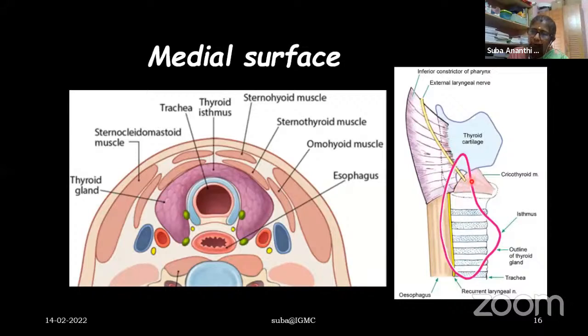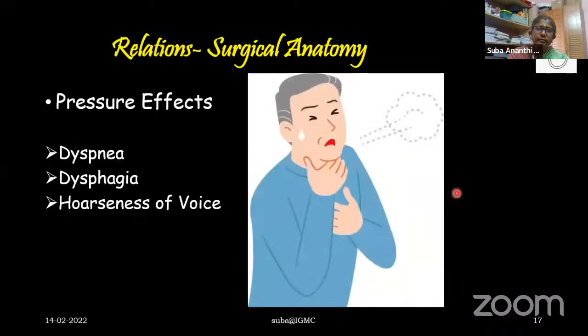So two muscles, the cricothyroid muscle and the inferior constrictor of the pharynx, are related to the medial surface. And of course, the two nerves, the external laryngeal nerve and the recurrent laryngeal nerve, which lies in the groove between the trachea and esophagus. So all these structures are related to the medial surface of the thyroid gland.